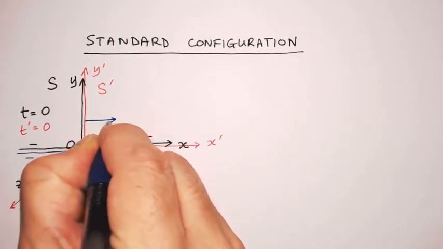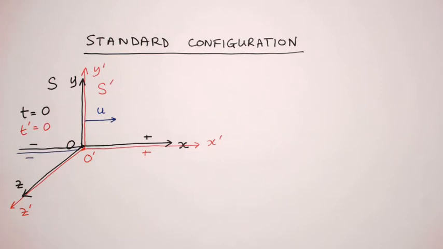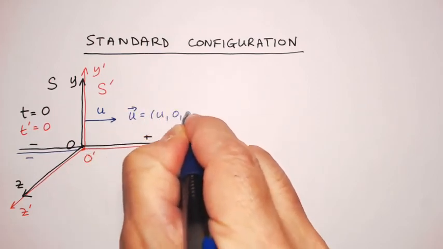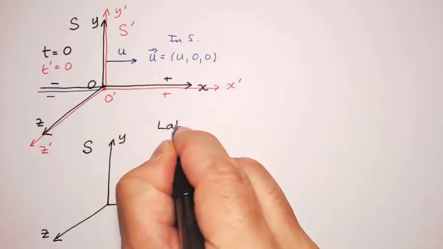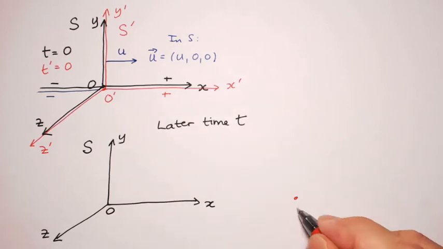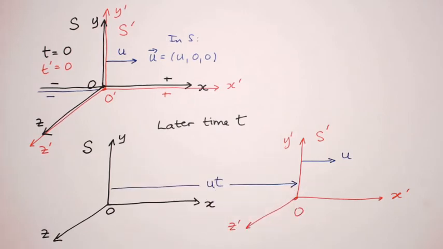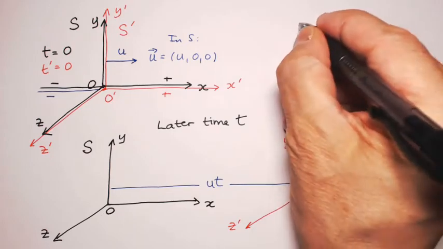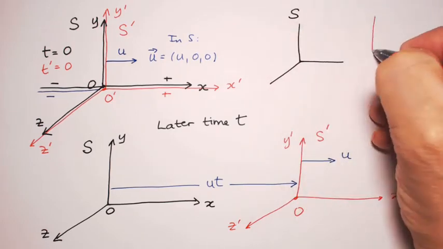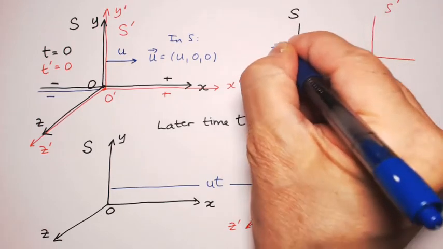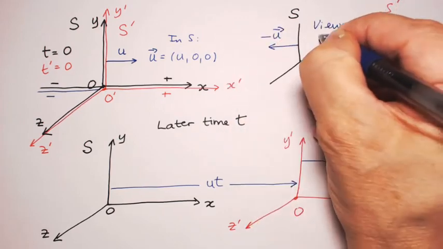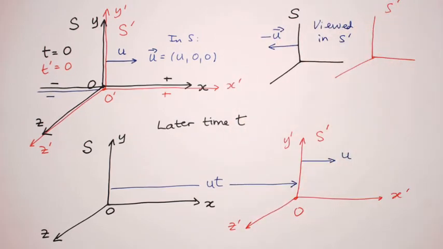S' moves relative to S with speed u in the x direction, so in S it has velocity (u, 0, 0). At a later time t, O' has moved a distance x equals ut along the x-axis. The x and x' axes are still aligned, but offset by ut, and the y and z axes, though no longer aligned, remain parallel. Note that viewed in S', S moves in the negative x' direction with speed u, so the velocity of S is (-u, 0, 0), measured in S'.